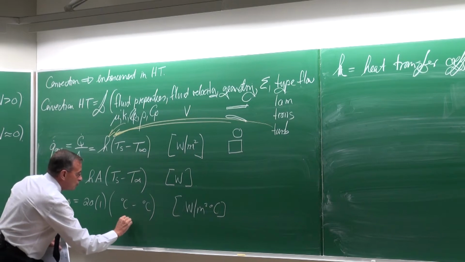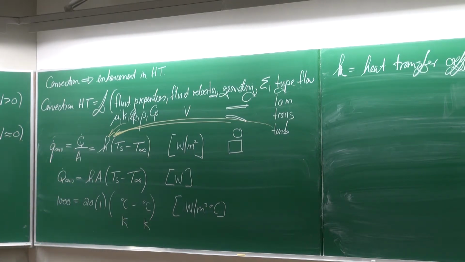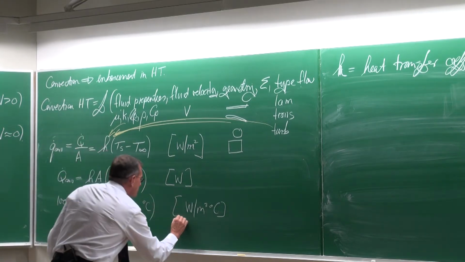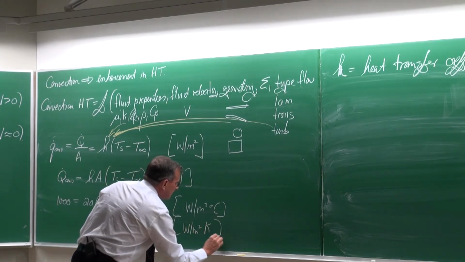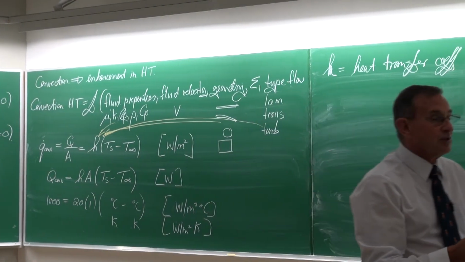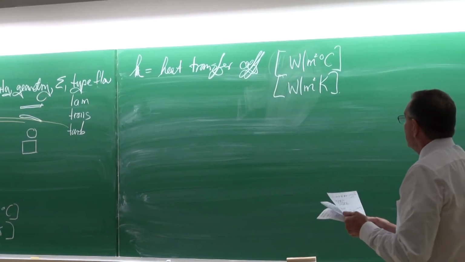However, you can also write it with temperatures in Kelvin, because the temperature difference in degrees Celsius and Kelvin is the same. This unit can also be written as watts per square meter Kelvin. The values would be exactly the same. So you will see that both these formats are being used in the textbook.